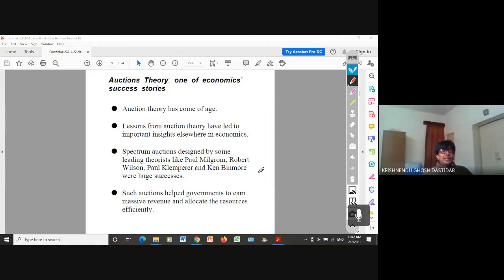In fact, the simultaneous ascending auction was first applied by Milgrom and Wilson in US FCC spectrum auctions, Federal Communications Commission auctions. Such auctions help governments to earn massive revenue and allocate the resources efficiently.